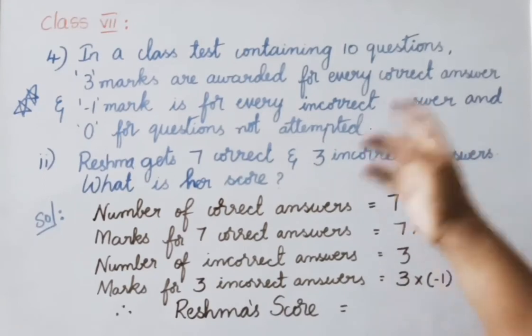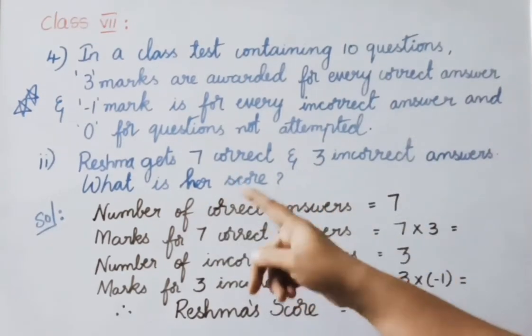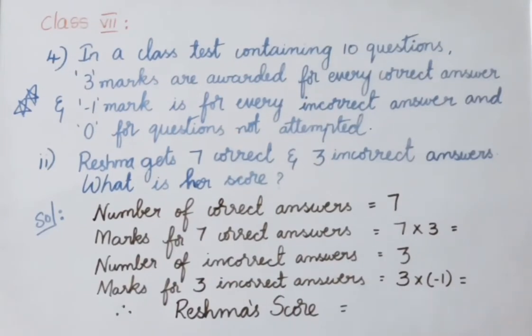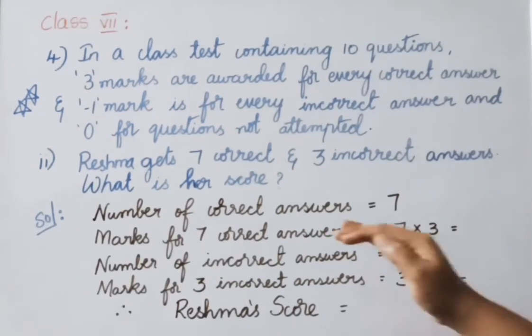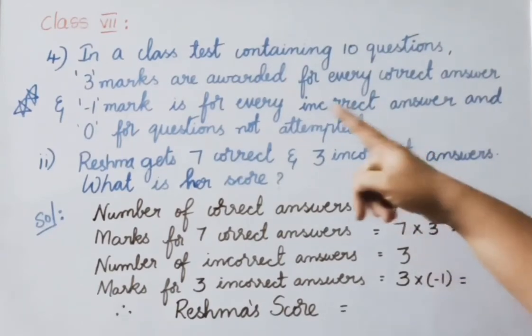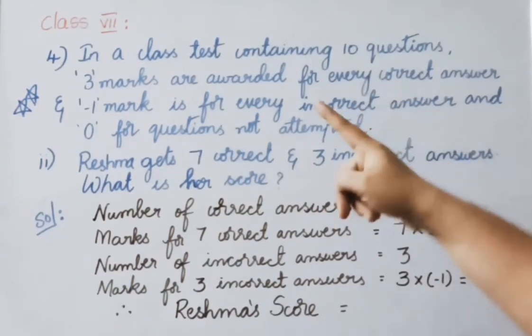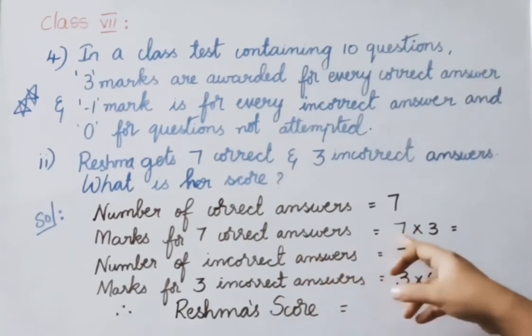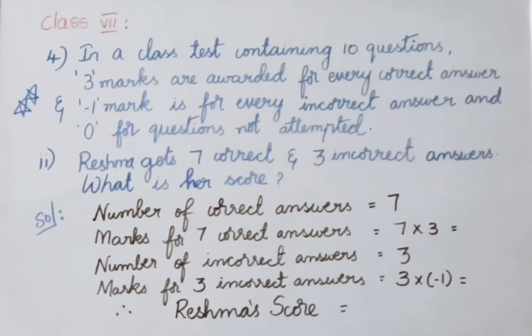See now fourth question, second one. Reshma gets 7 correct and 3 incorrect answers. What is her score? So number of correct answers, how many she answered? That is 7. So marks for each correct answer is 3 marks. So marks for 7 correct answers equals 7 into 3. 7 threes are how much it is? 21.